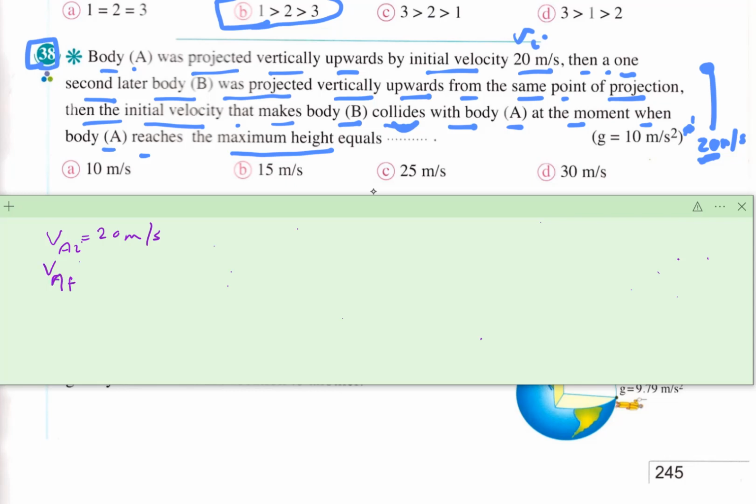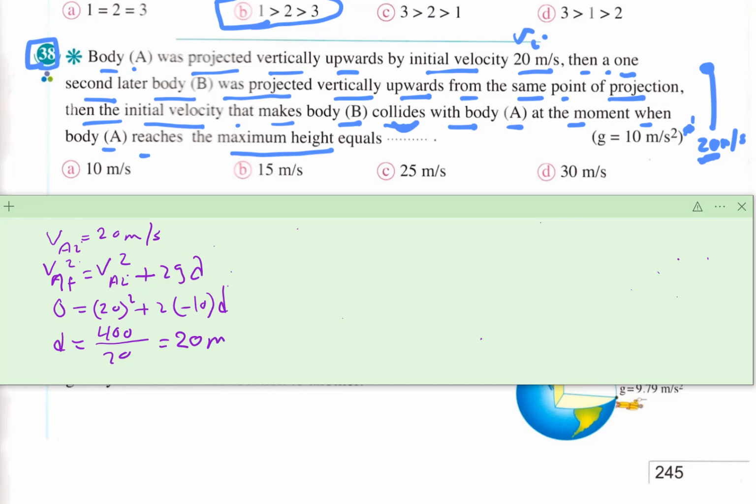VA final squared equals VA initial squared plus 2gd. 0 equals 20 squared plus 2 times negative 10, since the object is going up, times d. So d equals 400 over 20. So the distance is 20 meters, right?